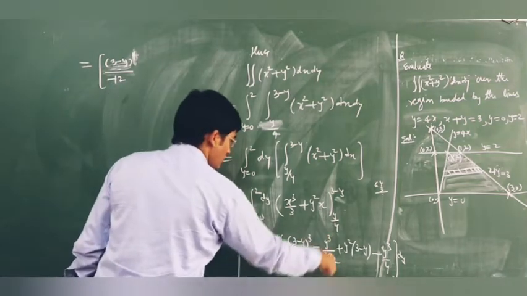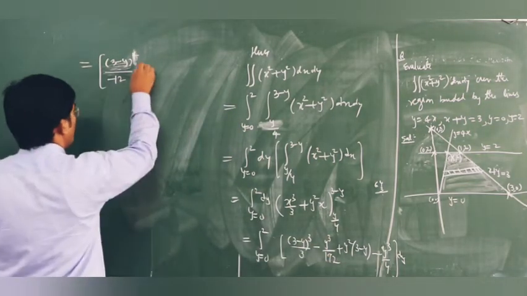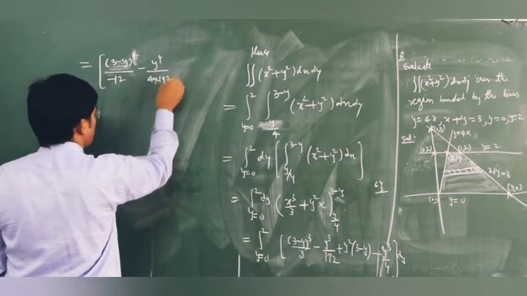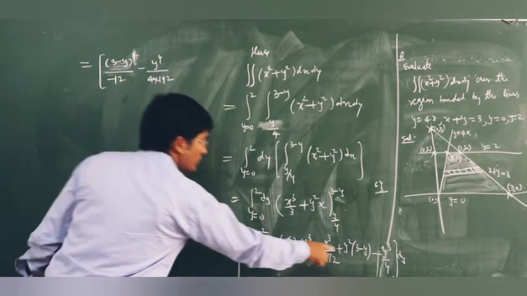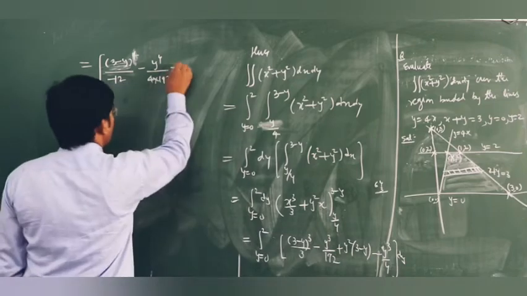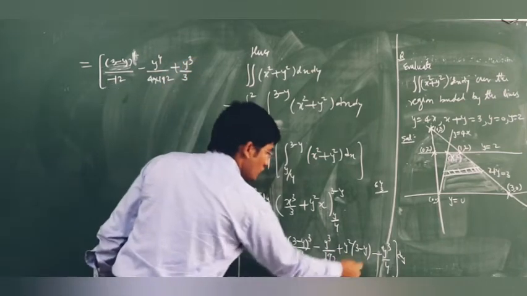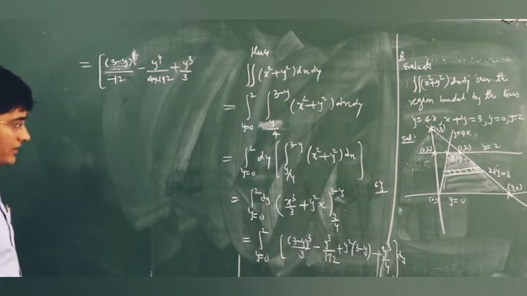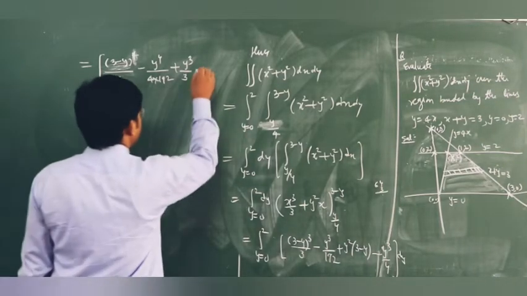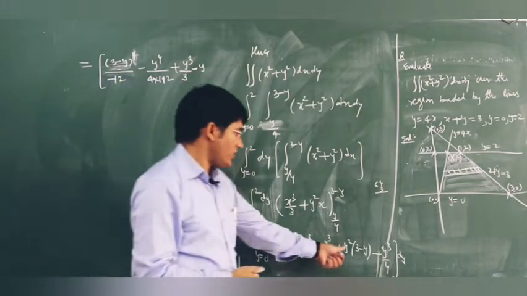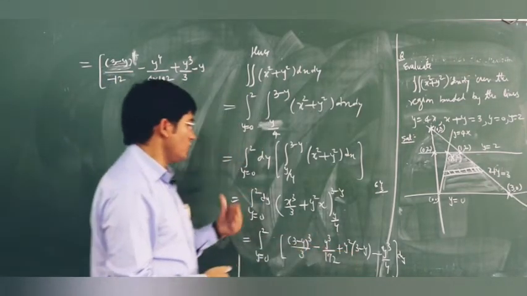Now the integration of y cube will be y power 4 upon 4, so we have 4 into 192. Then we will have here 3y square, so 3y square means y cube upon 3. Then integration of minus y cube will be y power 4 upon 4.